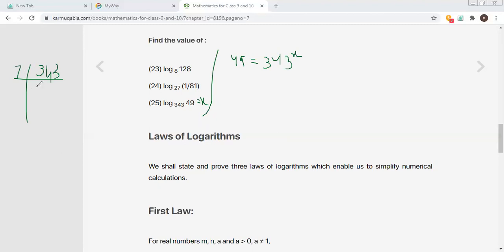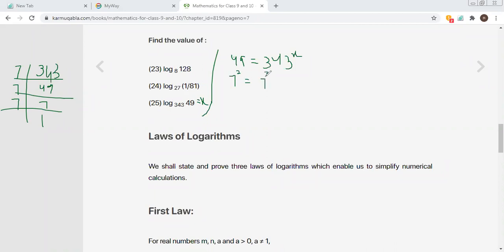How? Let's see. 7 1s are 7, 7 4s are 28, 34 minus 28. 7 9s are 63, and 7 7s are 49, and 7 1s are 7. 49 is 7 square, and 343 is the cube of 7.